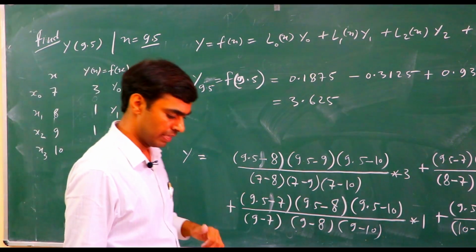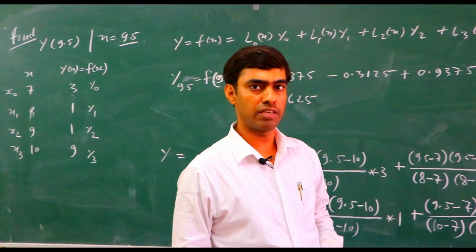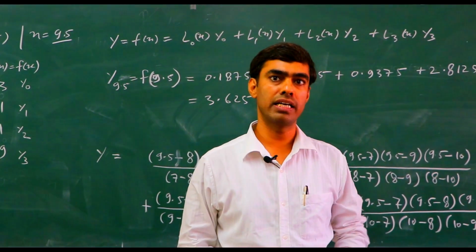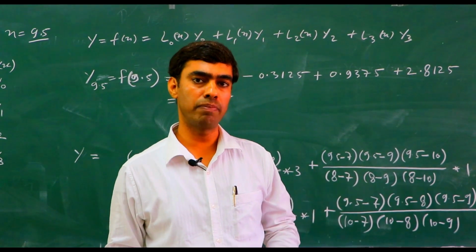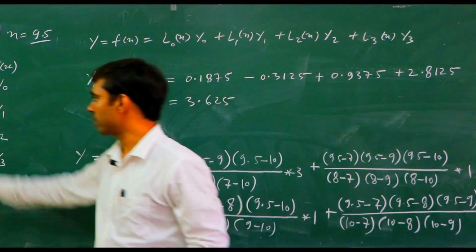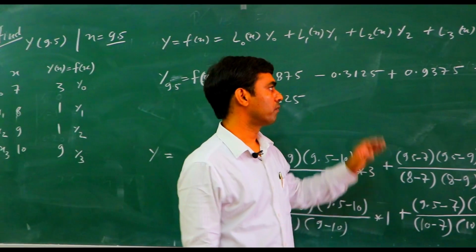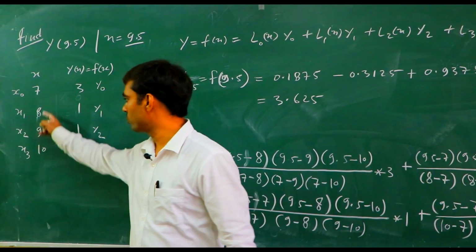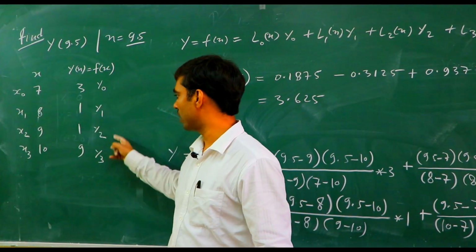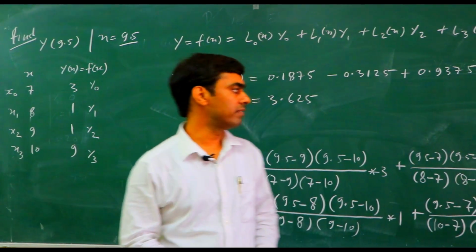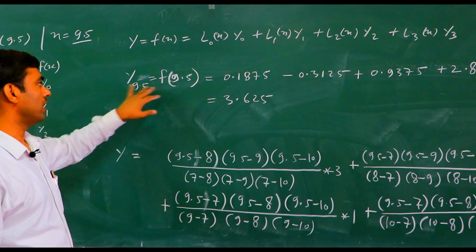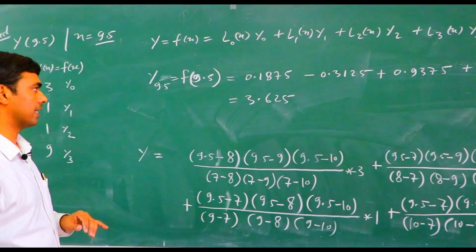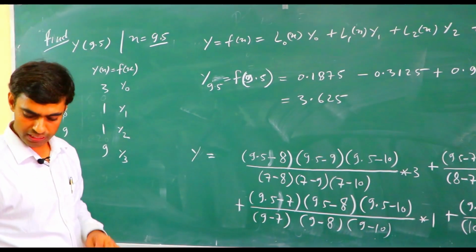Just write down the Lagrange interpolation formula in terms of the Lagrange multiplier, then write down the values of the Lagrange multiplier according to the number of terms, then putting the values of x0, x1, x2, x3, y0, y1, y2, y3, we are able to find out the value of y for a given value of x. So here this one is 3.625.